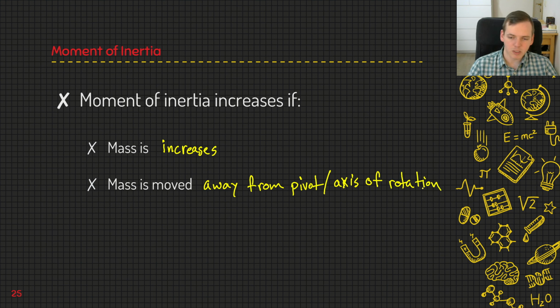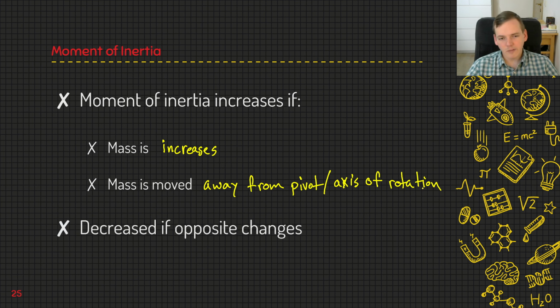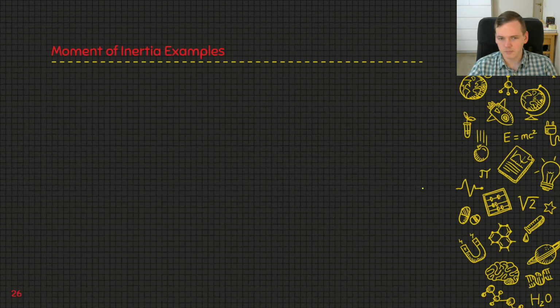If it's already rotating in a circle, we call it the axis of rotation. And obviously, if you do the opposite, you'll get it to decrease. So if you bring all the mass in towards the center, or if you decrease the amount of mass, the moment of inertia will decrease. The higher the moment of inertia is, the harder it is to get it spinning or to stop it from spinning. The lower the moment of inertia is, the easier it is to get it to spin or to stop it spinning.